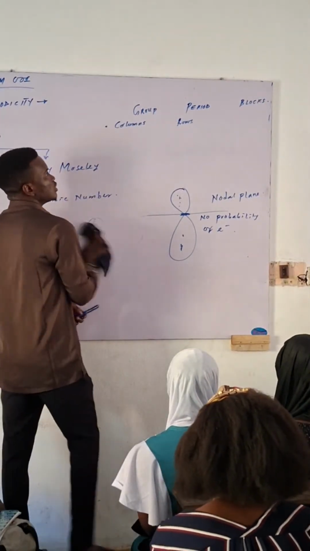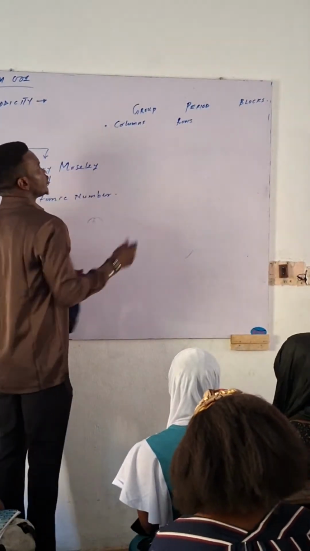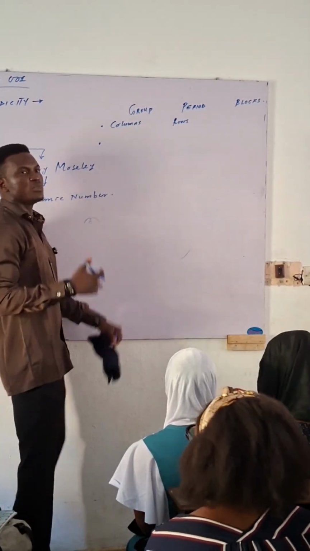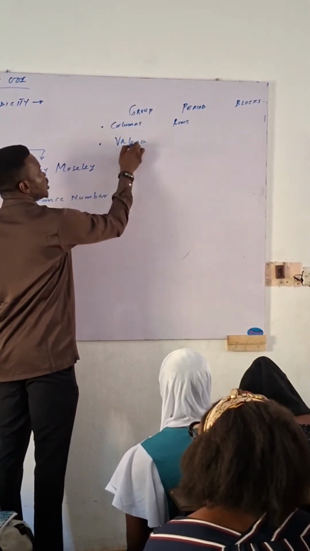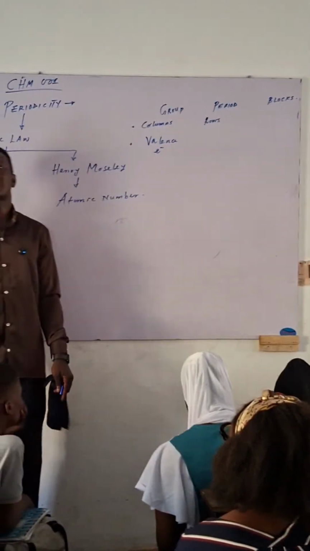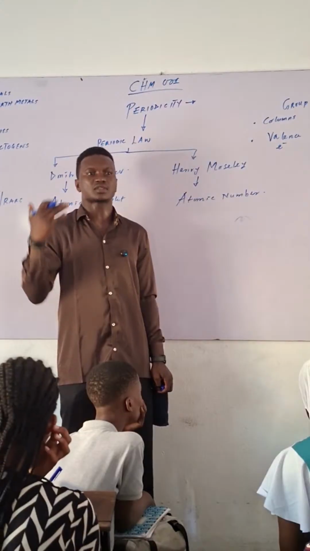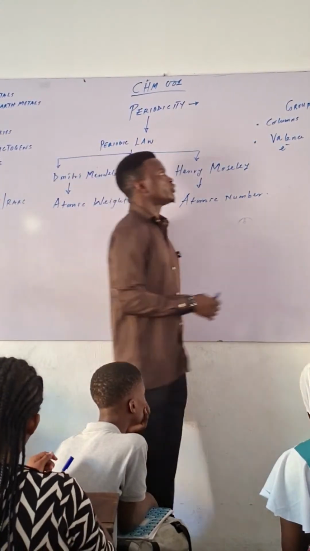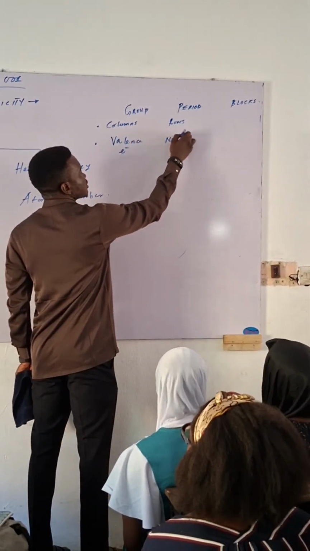Now, for the group, how do you determine the group? You determine the group using the valence electron. So the valence electron of an element can tell you the group to which that element falls. For period, you use the number of shells.